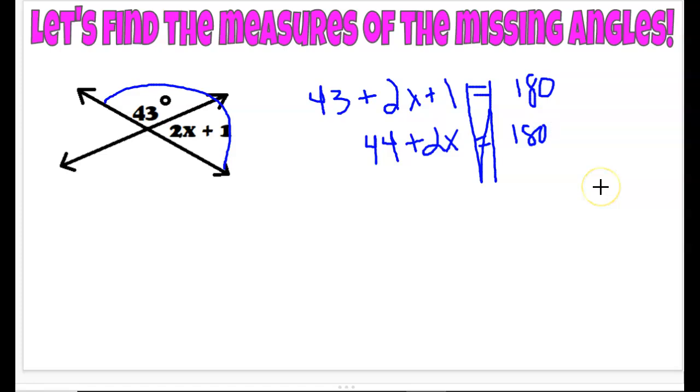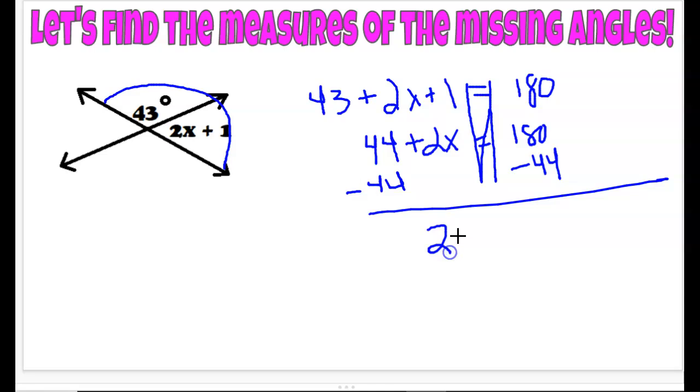Now I just have a simple two-step equation. Always combine the like things first. So 180 is a constant, 44 is a constant, and the only thing I can do is take the 44 from the left side and move it to the right side. I do that by subtracting 44 here. And if I subtract on the left, I have to subtract on the right.